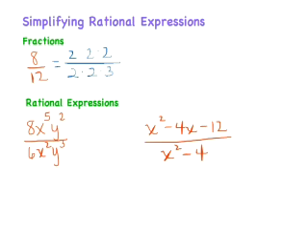Change my color here for a second. So I can take out a 2 here, and I can take out a 2 there, and then what I'm left with is simply the 2 over 3, and so 8/12 would simplify to 2/3.